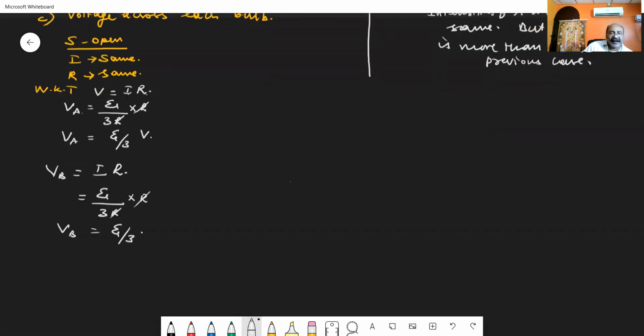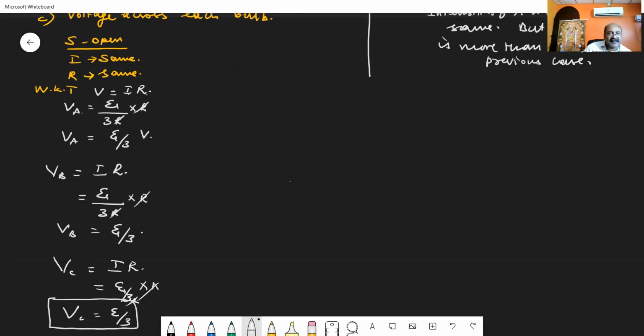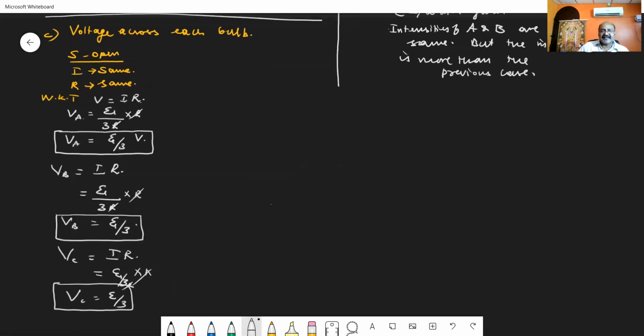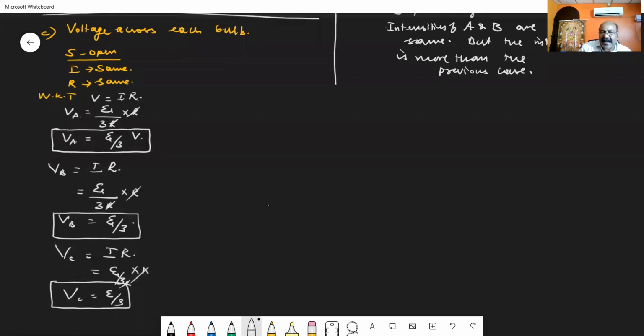Similarly, the voltage across C is current into resistance, E divided by 3R into R. R gets cancelled, so the voltage across C is E by 3. Voltage across B is E by 3, and voltage across A is E by 3 volts. Any difficulty? This is the voltage across A, B, and C when S is open.